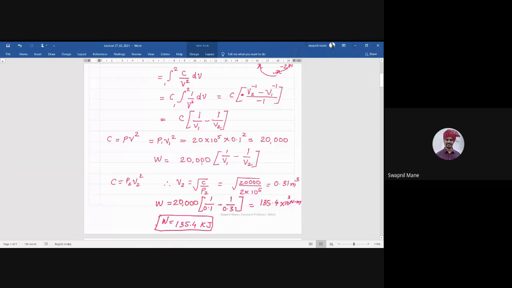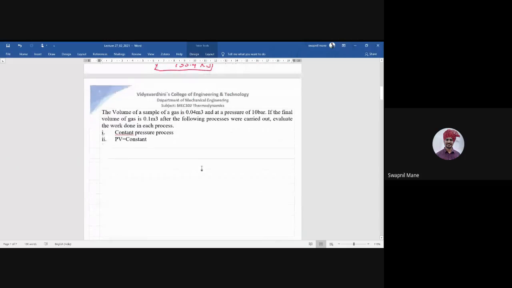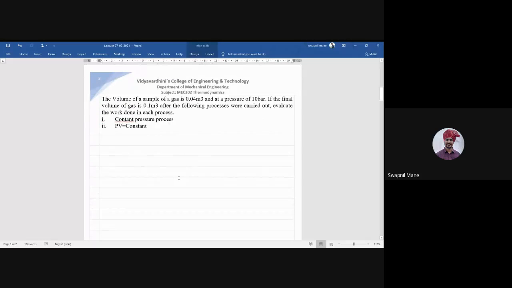Okay. Right. So we will move further to the next question. Now you try to do this in your notebook. We will then cross check if you are getting the right answer or not. So I will request everyone to do it in the notebook. Is it okay?